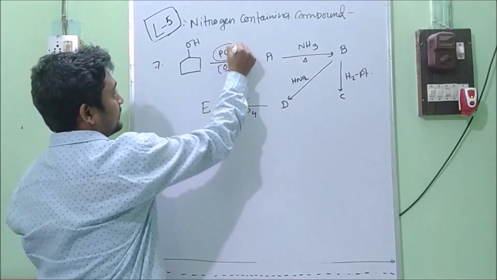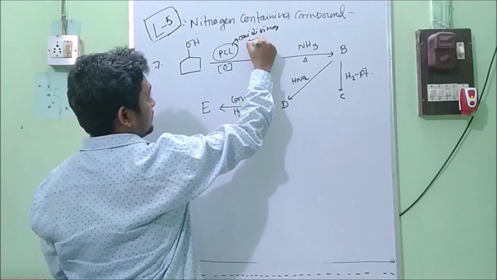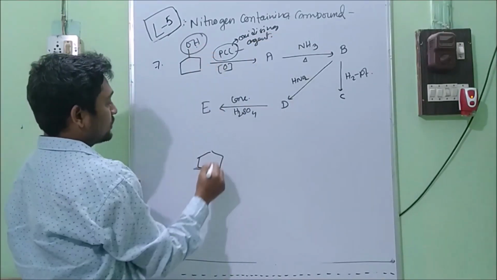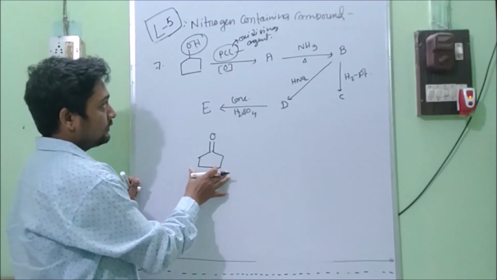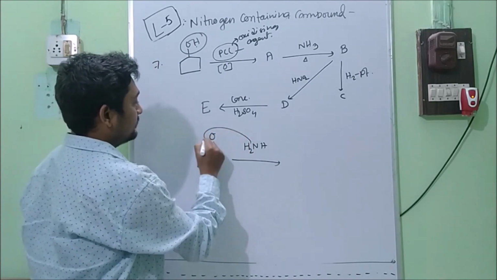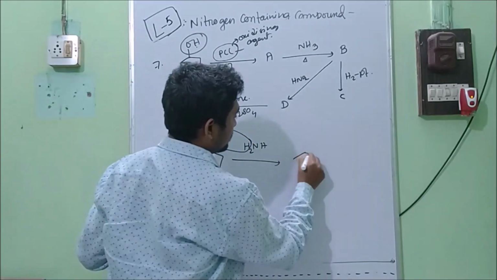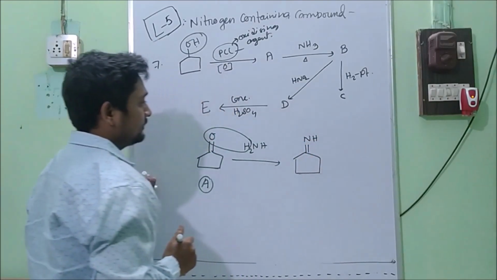So this is PCC. It is an oxidizing agent. This OH group oxidizes into a ketone group, that is A. This is cyclopentanone. Then on reaction with ammonia, there will be elimination of water, so it will convert into a double bond NH.